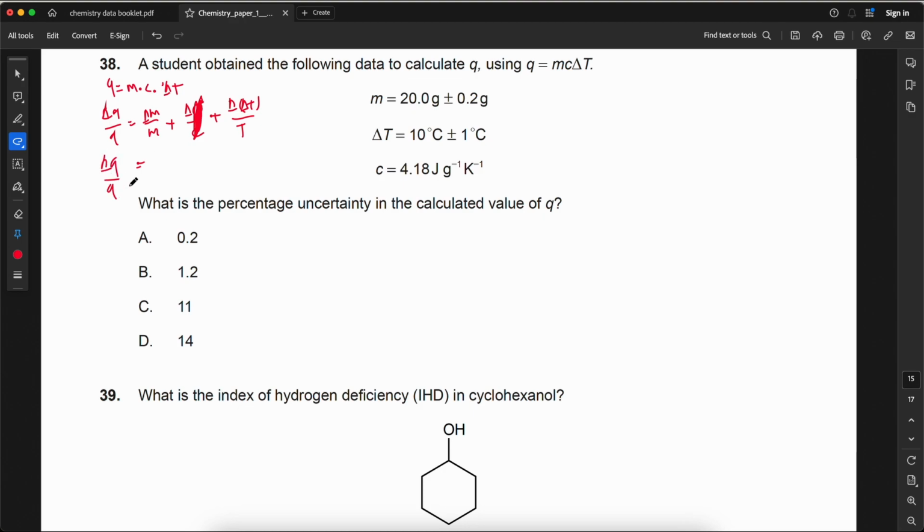Delta Q per Q is 0.2 divided by 20 plus 1 divided by 10. So you will get 0.01 plus 0.1, which is 0.11. So percentage uncertainty would be 0.11 times 100, 11 percent.